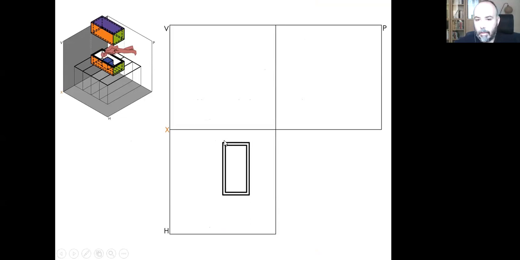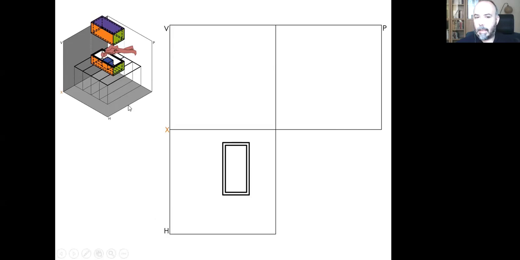And once we finish drawing the cut surfaces, we need to check, is there anything left as the objects that have been cut? Are there any objects that have been cut? No, there are not.